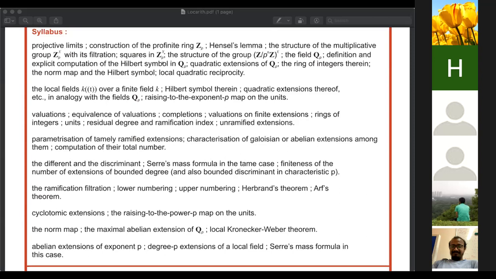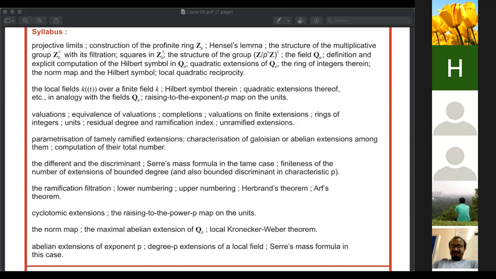So there are two or three questions you might ask about this compositum. First of all, what is it? Can you give some generators for this compositum, meaning generators which generate this extension of your base field?